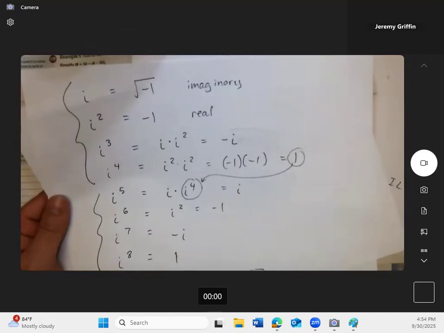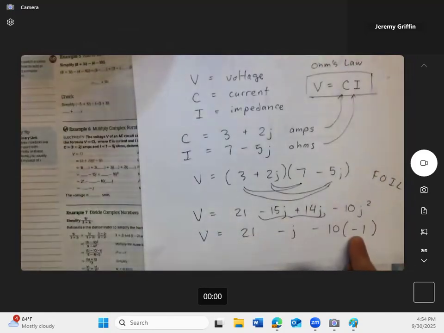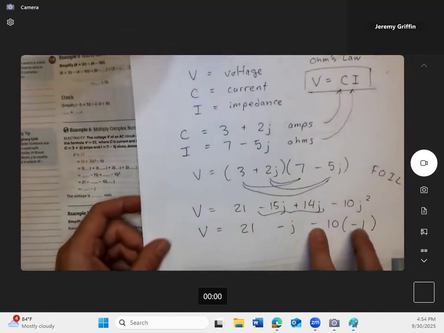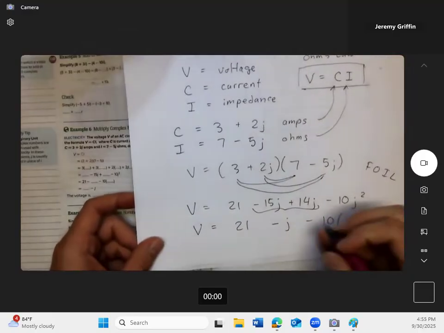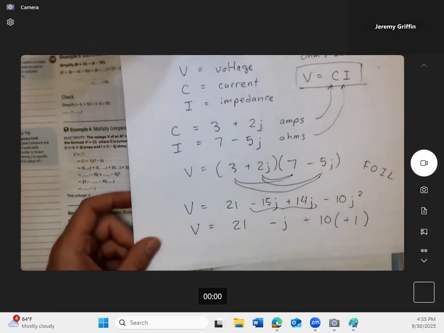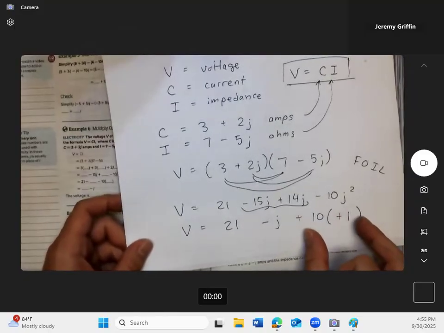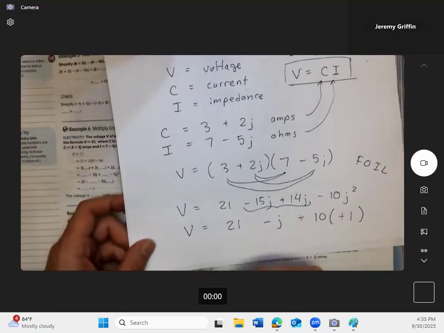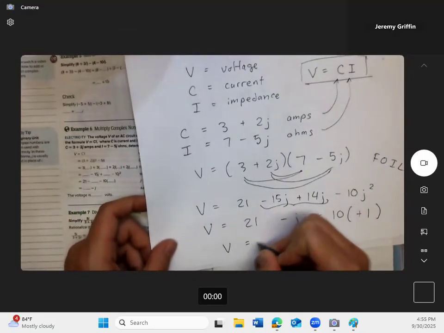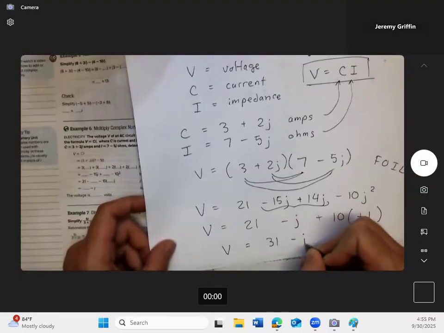J squared is -1, so negative 1 times negative 10 becomes plus 10. Now we're back to a real number. This 10 plus this 21 makes 31. So the voltage is 31 minus J.